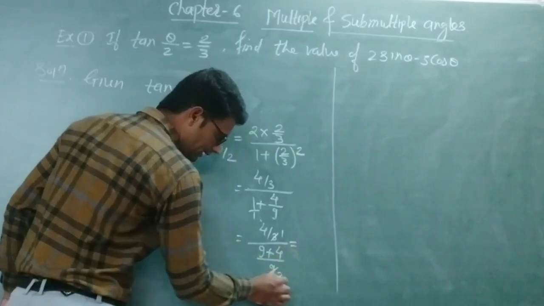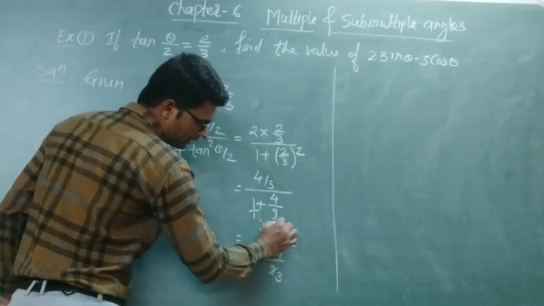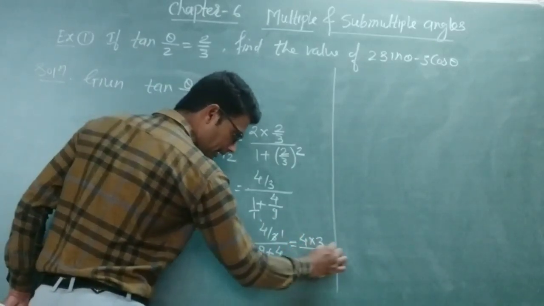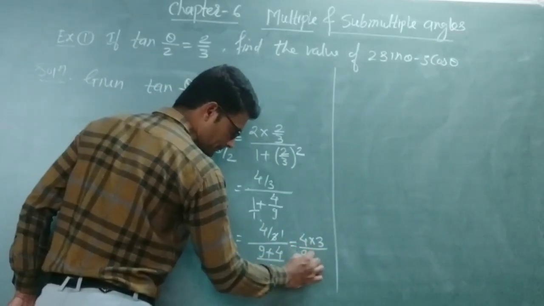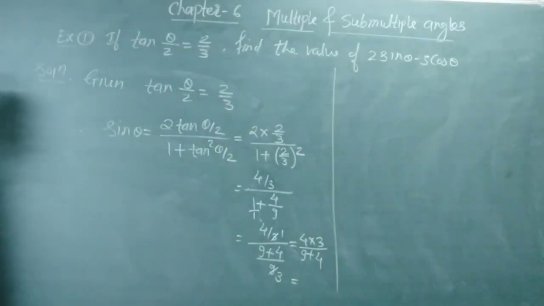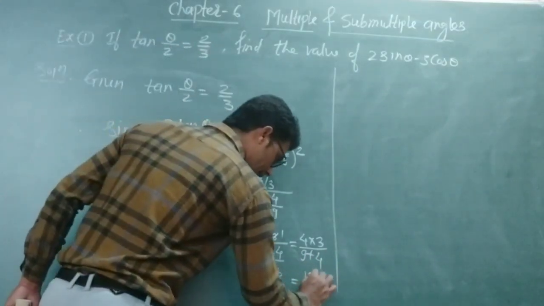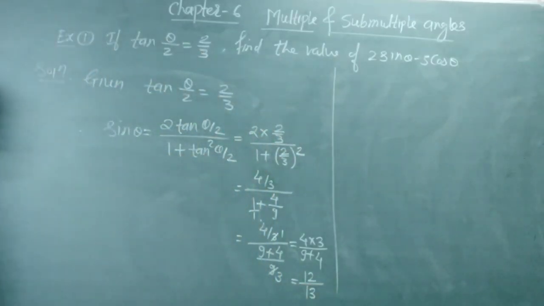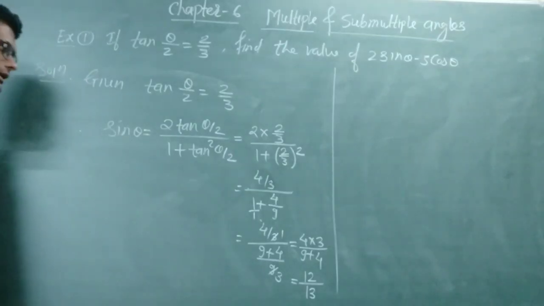So this 3 goes to the numerator. So it gives you 4 into 3 divided by 9 plus 4. What is this? 4 into 3 is 12 and 9 plus 4 is 13. Correct? So sin theta you will get is 12 by 13.